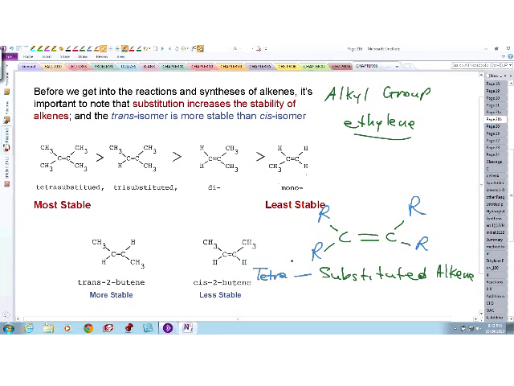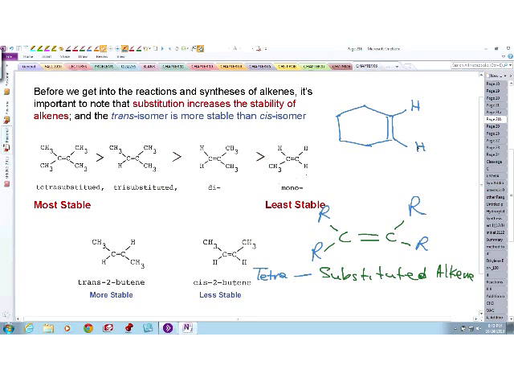That becomes a tetra-substituted alkene. So therefore, supposing I have this, what kind of alkene would this be in terms of substitution?